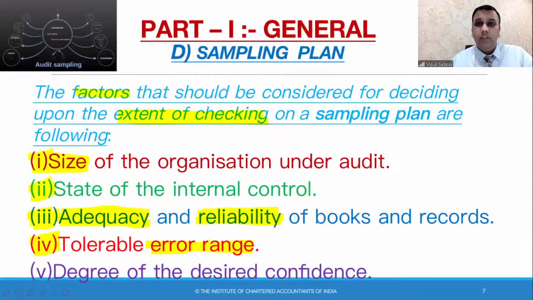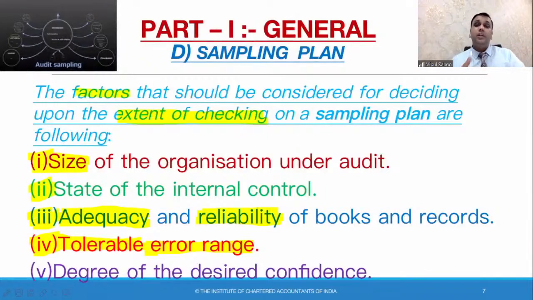Usually, whether the controls are good, bad, or weak, in the case of weak controls the auditor will definitely want to decide upon a tolerable error range. That yes, this is my tolerable level.